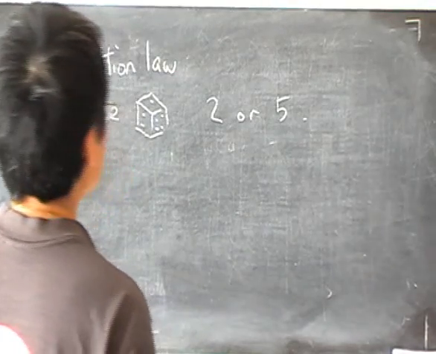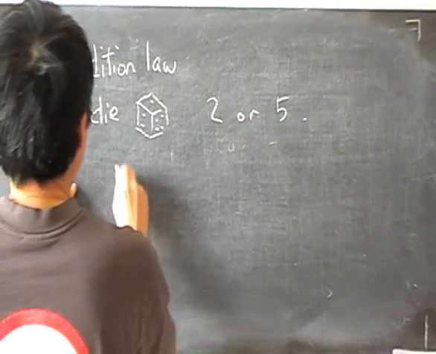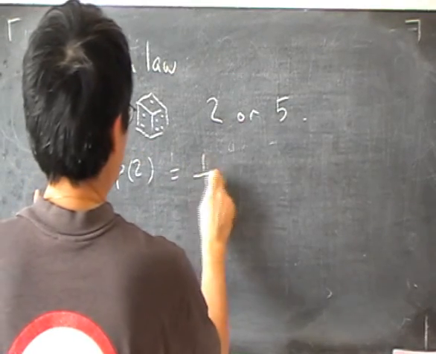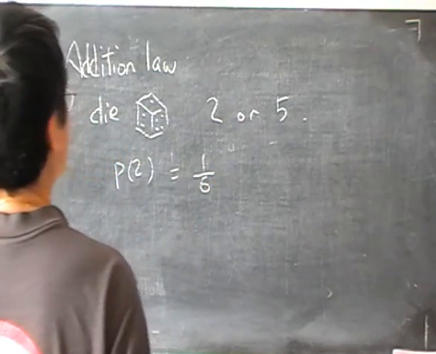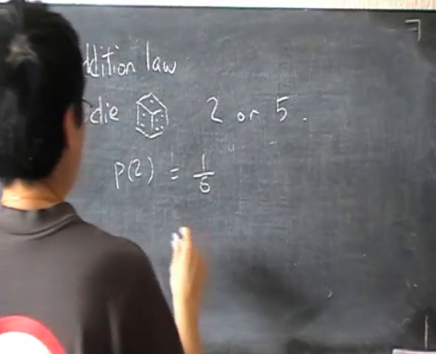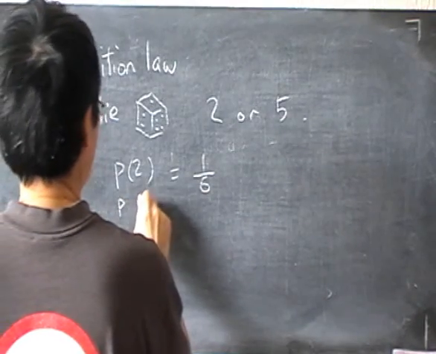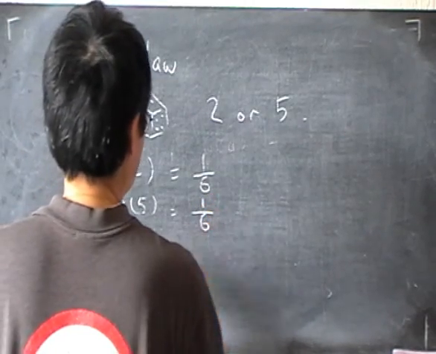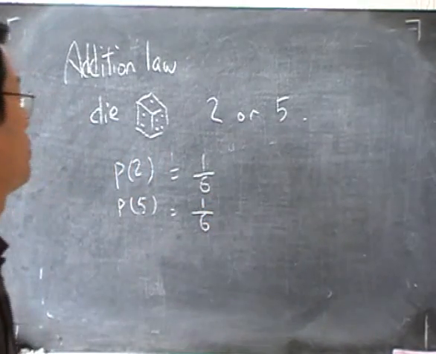We know that the probability of getting a 2 is 1 over 6, and the probability of getting a 5 is 1 over 6.